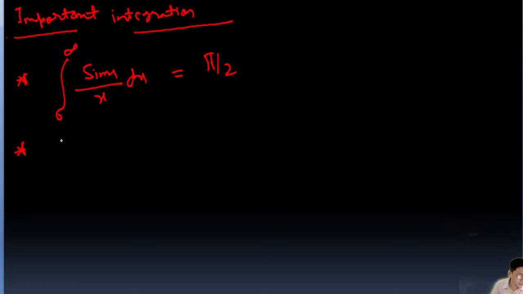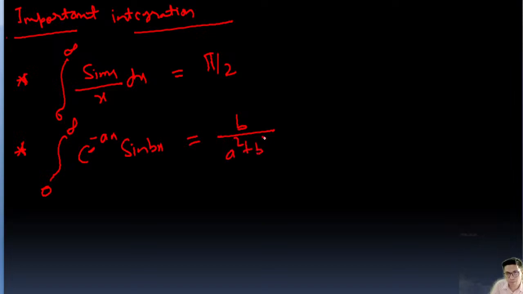Okay, the second is integration 0 to infinity e to the power minus ax sin bx dx, which is going to be b upon a square plus b square.